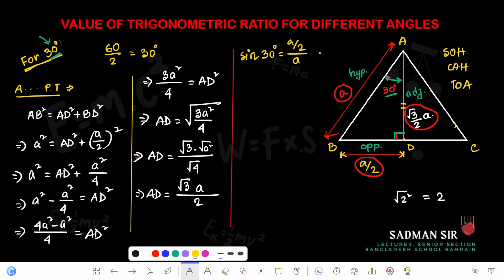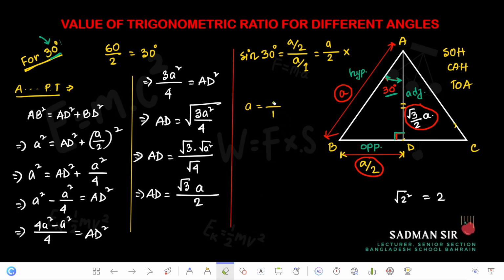So if I simplify it, then how is it going to be? A by 2 will be as it is. Now this division, if I make it into multiplication, then the bottom fraction will become reciprocal. Now in the bottom there is no fraction, only a, right? But if we want, we can make it look like a fraction, like divided by 1. If you write something divided by 1, you didn't actually make any change, right? A can be written equal to a by 1, because divided by 1 does not make any change.